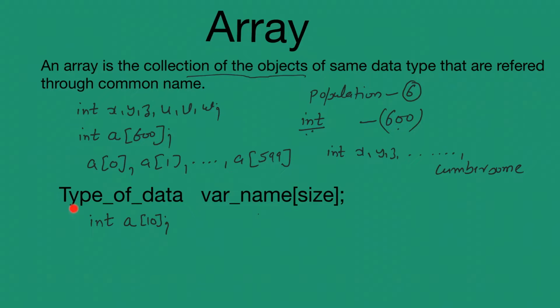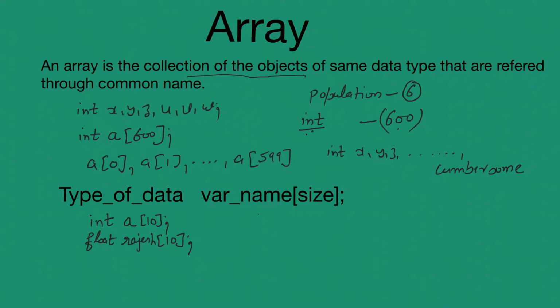This is the general form. If we declare of float, we can declare it as float, and if we want to name it like Rajesh, it is an array having the name Rajesh, and its data type is float. And the same way, this is array a having data type int.